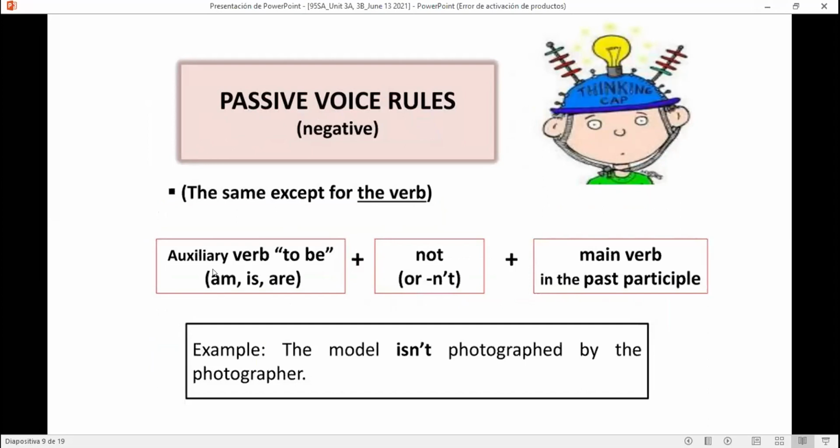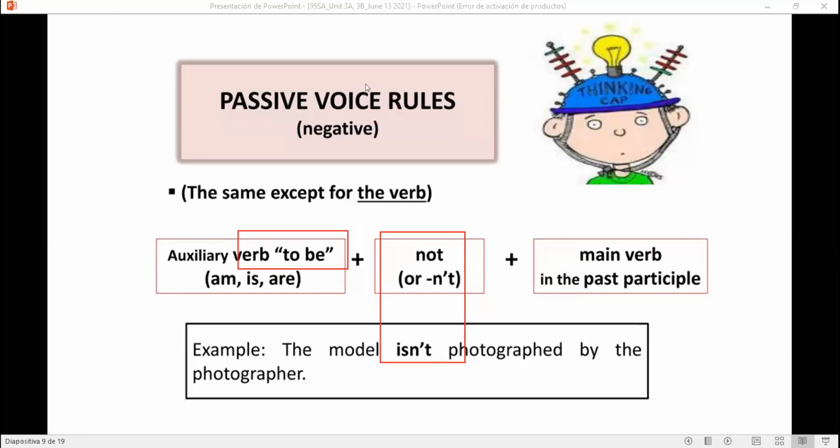Es decir que iría isn't o is not, aren't o are not, o tendrían am not, que es el otro verbo to be que también es posible, ¿no? Es decir que el verbo to be es el que recibe la negación para poder hacer una voz pasiva negativa.